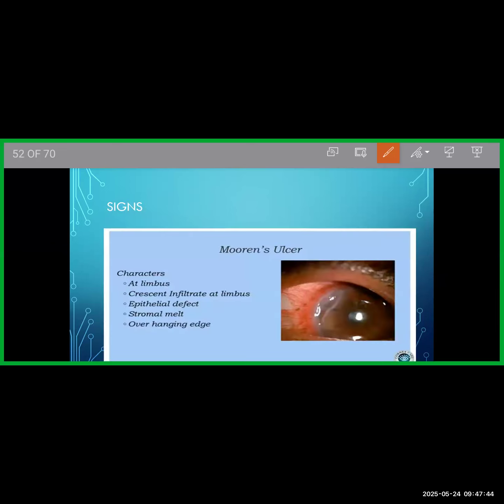Now, a characteristic of Mooren's ulcer is that it occurs at the limbus, and that is why it is among the peripheral ulcerative keratitis. It has a crescent infiltrate at the limbus with an epithelial defect. The stroma melts and has the overhanging edge that I explained earlier in the pathogenesis. So these are the basic characteristics of Mooren's ulcer.